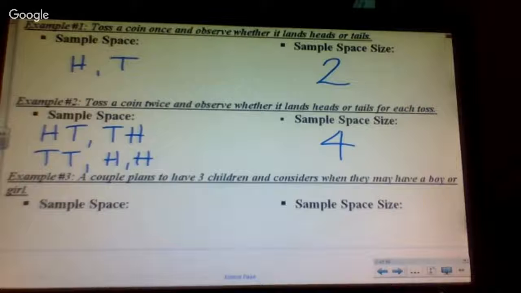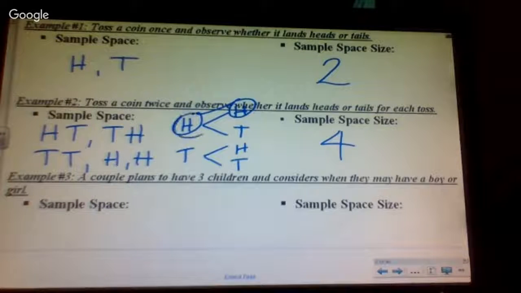That's what this would be. Option 1, I could have a heads or a tails. Option 2, I could have a heads or a tails. So that's where you got heads heads, heads tails, tails heads, or tails tails. That gives you all of your options.